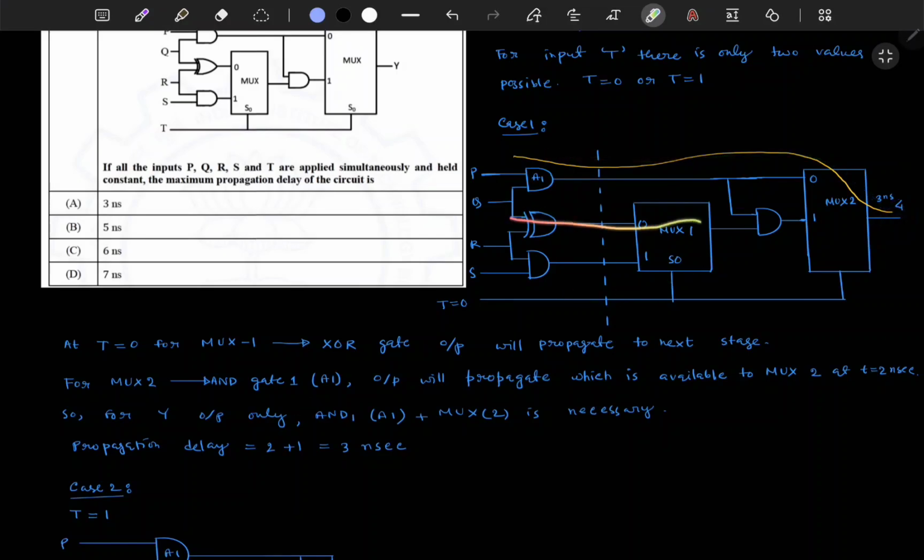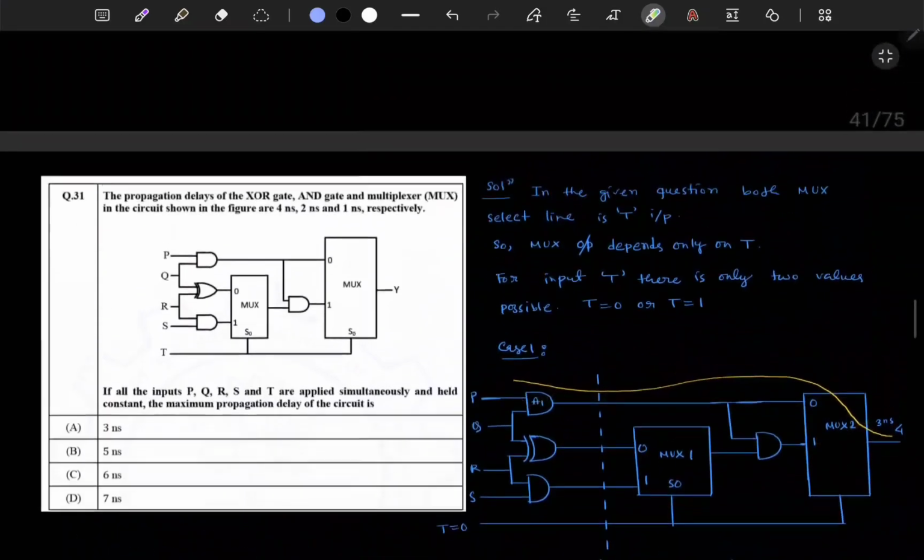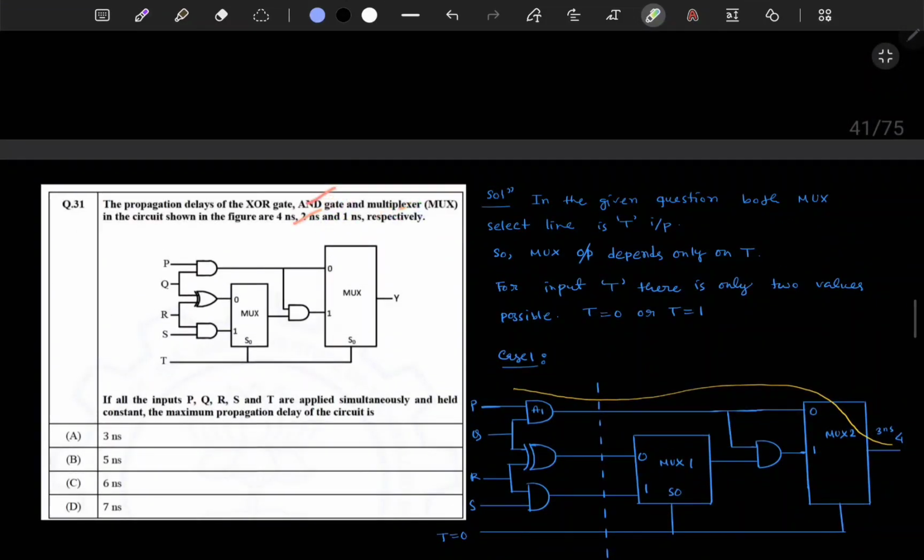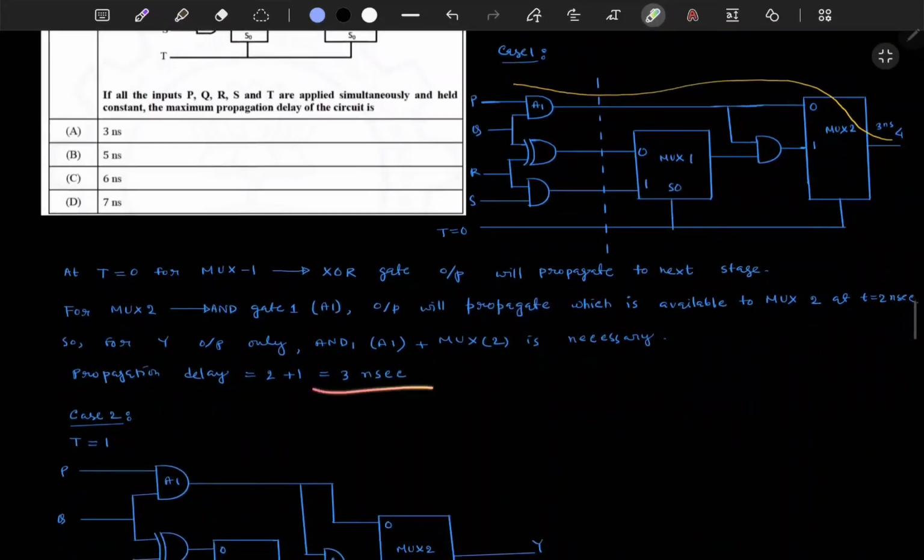Even if the output comes on the other line, that input line is not selected because T equal to 0. I think you are getting it. Even if this input line is selected, it will not go to the output, so only this line we are selecting. So the propagation delay is one AND gate and one mux. AND gate delay is 2 nanosecond and mux delay is 1 nanosecond, so that is 3 nanosecond.